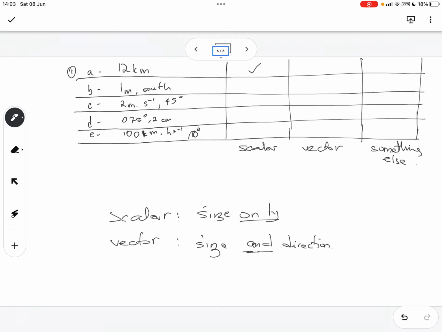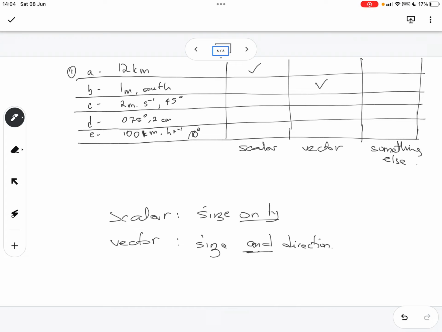So starting with 12 kilometers, is it a vector or a scalar? It's a scalar, ne? Why? Because it has size only. It only has size only, okay? Alright.